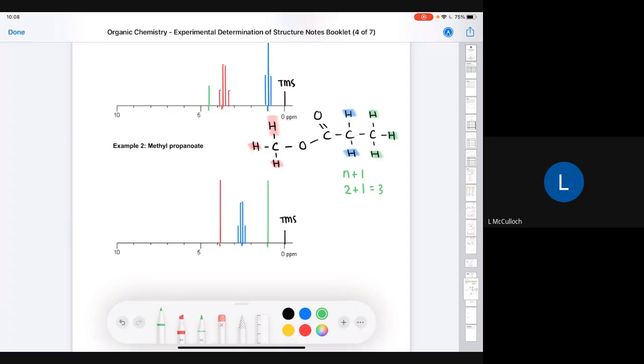So our green peak is going to split into 3, like so. And that would be your high resolution peak for your methyl propanoate.